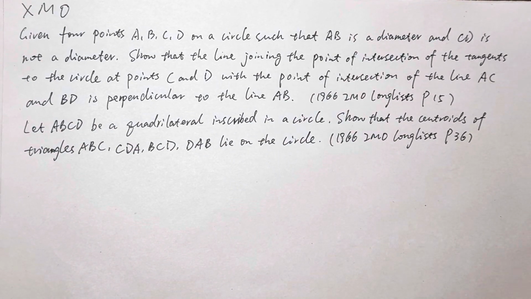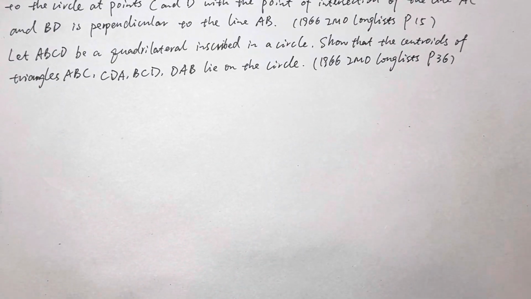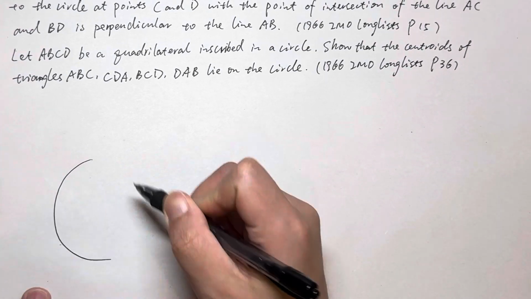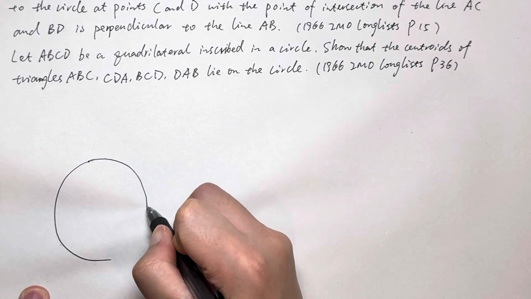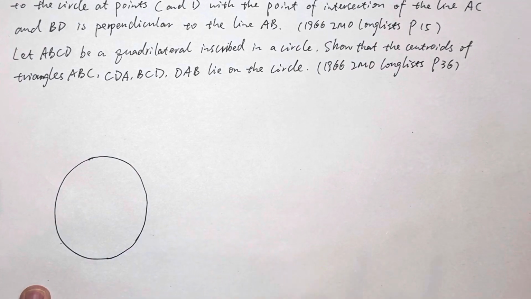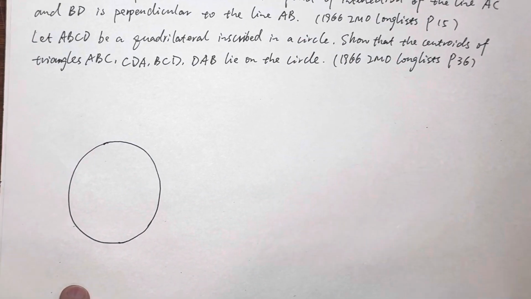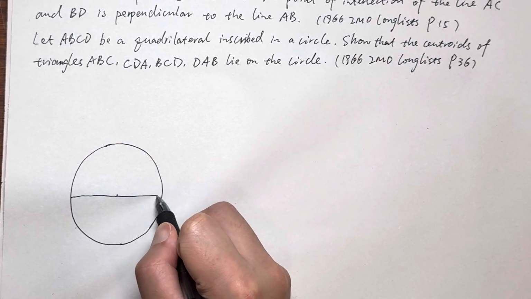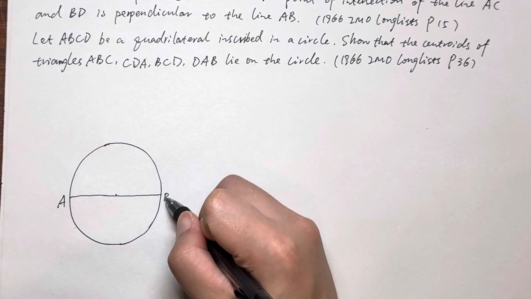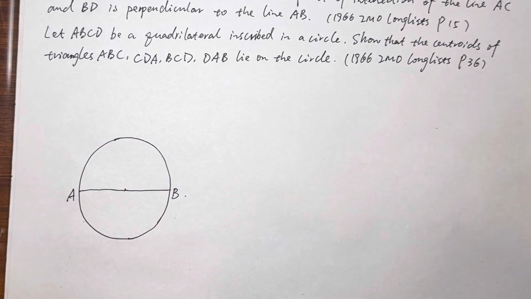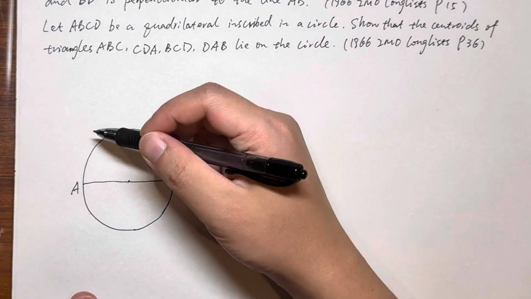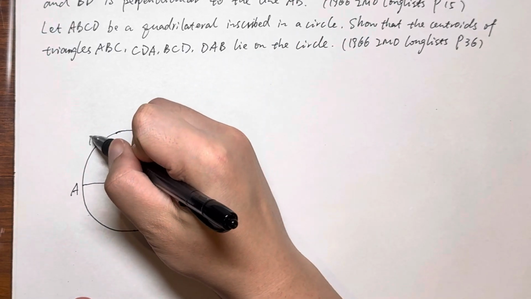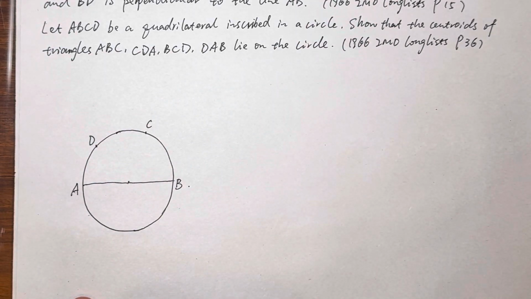Okay, that's the first problem, and let's draw the figure first. So the problem is saying that ABCD are cyclic, and we already know that AB is a diameter, right? AB is a diameter, and we can find the points C and D that are not a diameter.